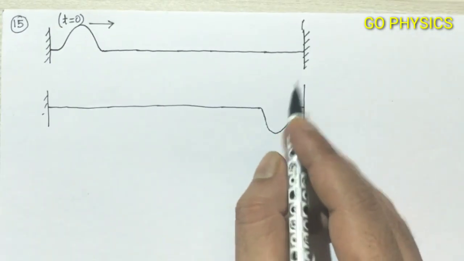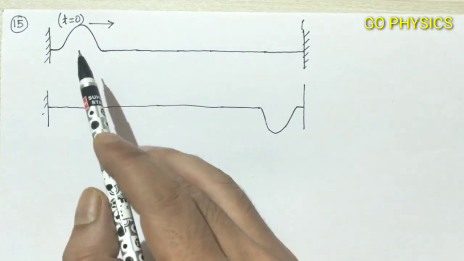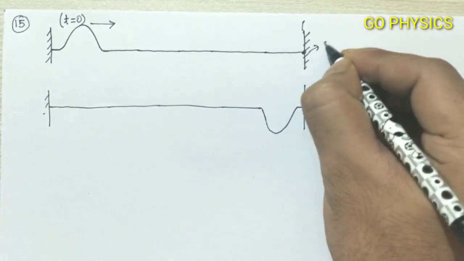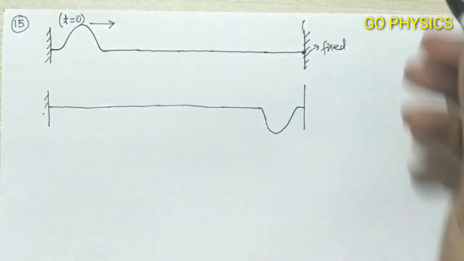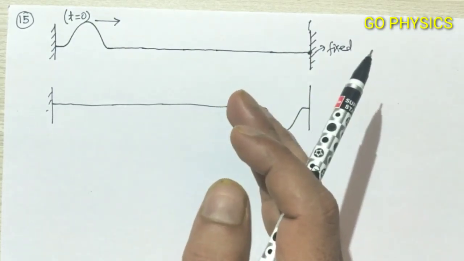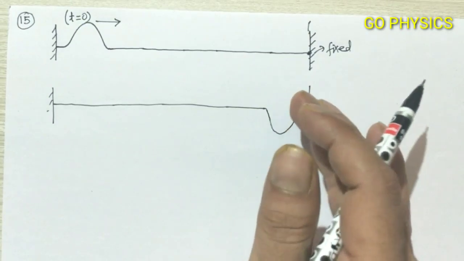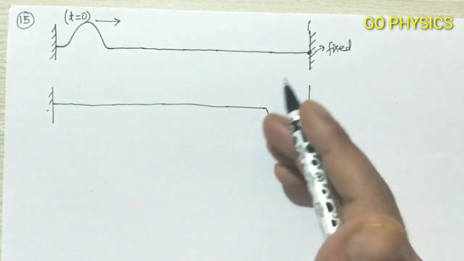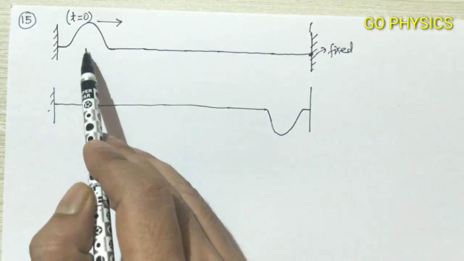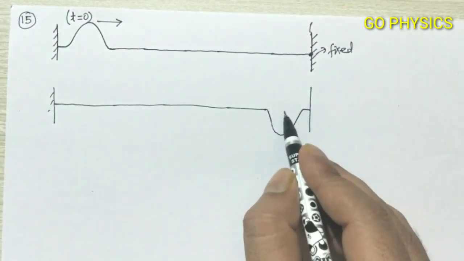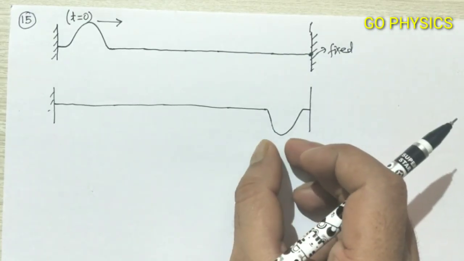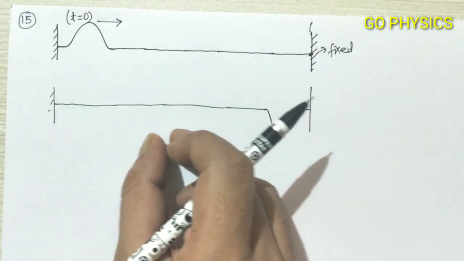And the concept here is that if a wave or wave pulse hits a fixed point, at the boundary of the material it is moving through, then the reflected wave gets its amplitude flipped. Here amplitude is upward, so its amplitude here will be downward. Now this wave pulse will travel along leftward.